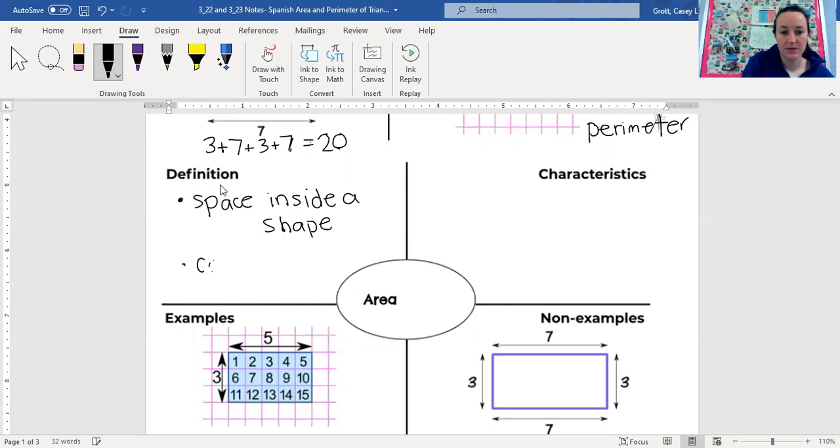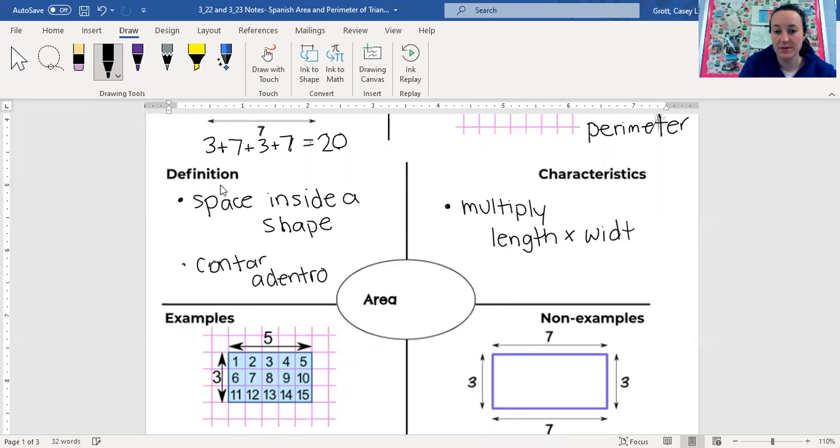Okay, we will be counting inside. So this is one characteristic. In perimeter, we were adding everything together. Here we are going to multiply the length times the width when we're talking about rectangles.